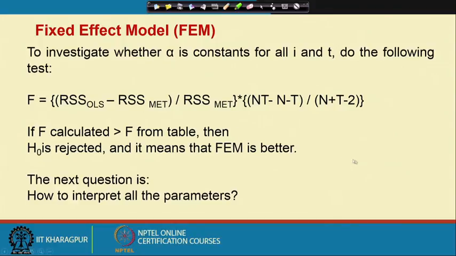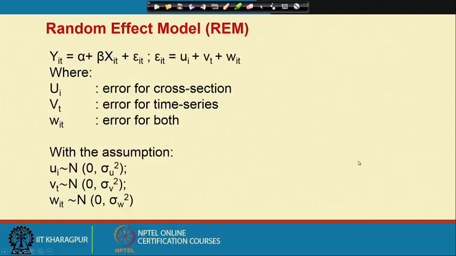And in the case of the random effect model, the typical structure is like this. Here we are not allowing the impact to go to the intercept; we allow the impact to go to the error terms.